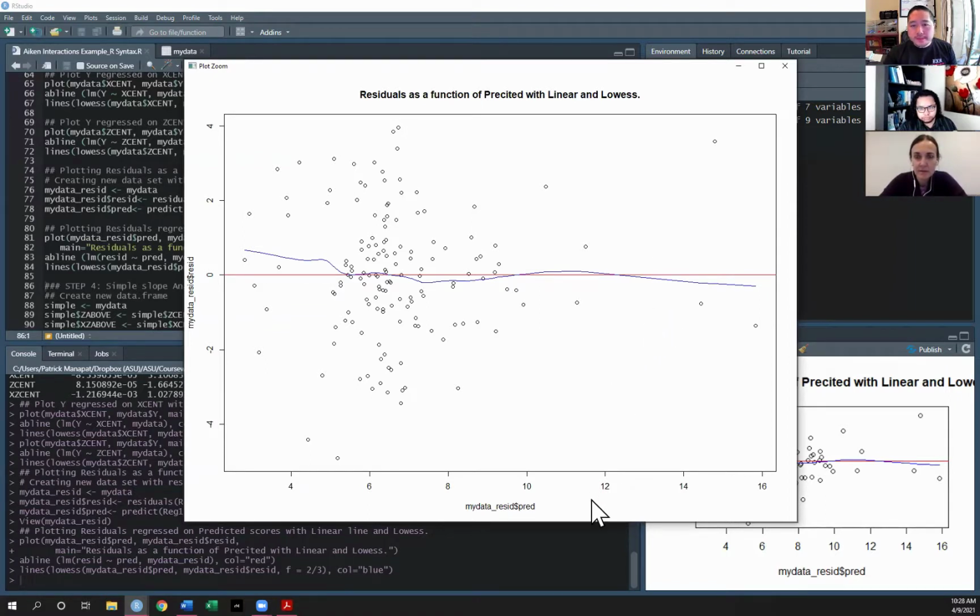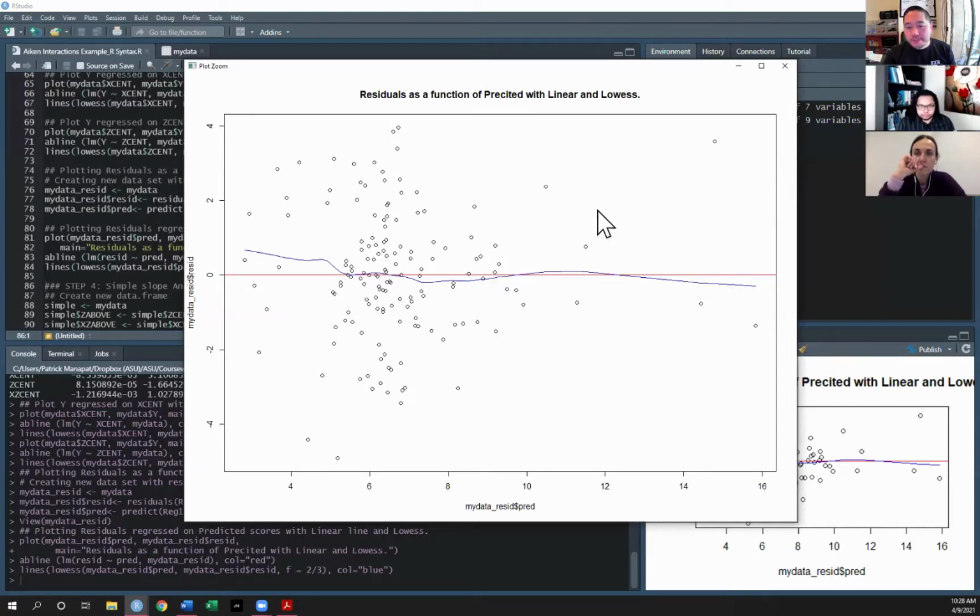So this scatter plot is a little bit different. What we want to see is no relationship between the predicted values and the residual values. And given that there is no relationship, then we can be confident that the model predicting y from x, z, and the interaction between the two is an appropriate model for the data.